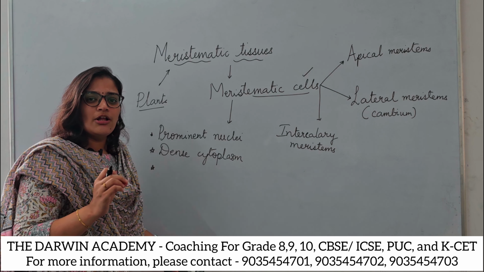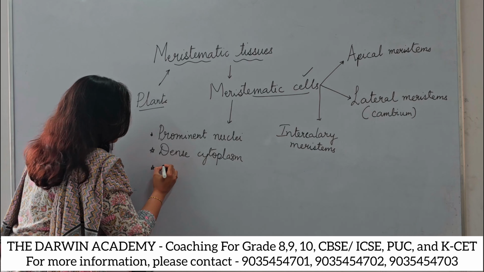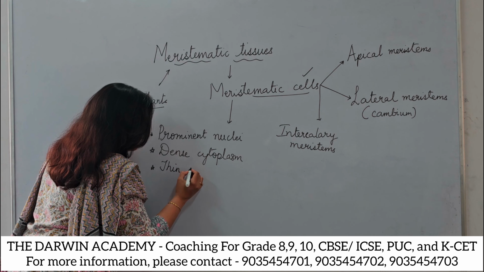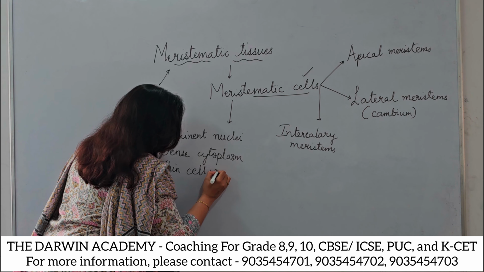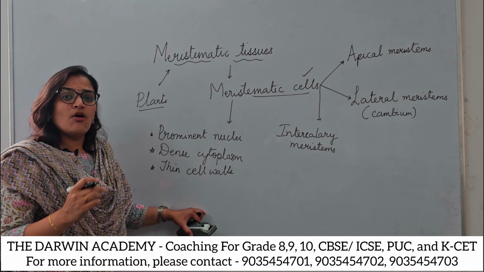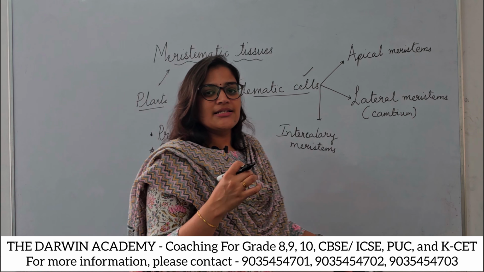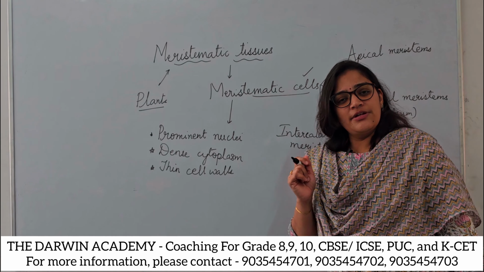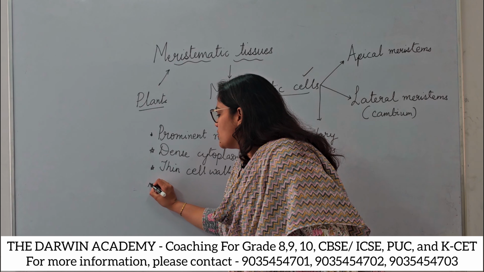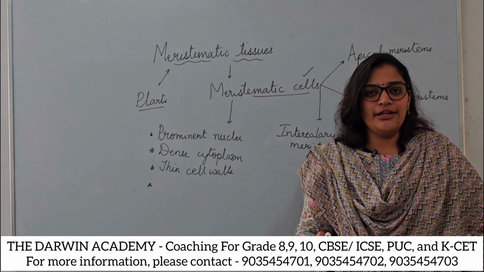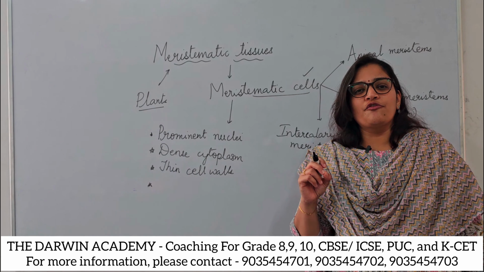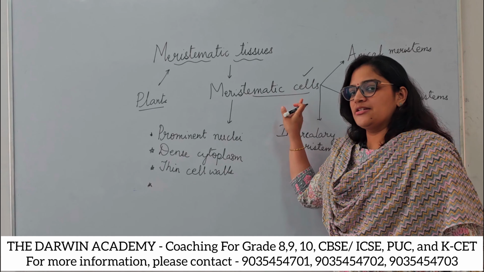Their cell walls are thin. So, thin cell walls. Of course, these cell walls, like the other plants' cell walls, are also made up of cellulose. And the most striking feature here is the absence of vacuole within the meristematic cells.